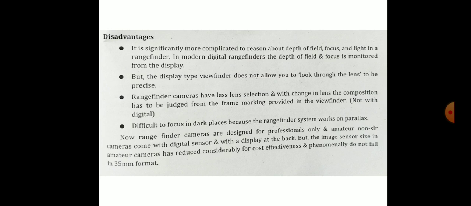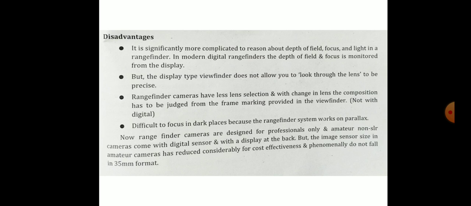Lens selection means you cannot replace the lens several times like in an SLR. This is in brackets, written as not applying to digital: new versions are available in digital format, and this error is not there in digital rangefinder cameras.